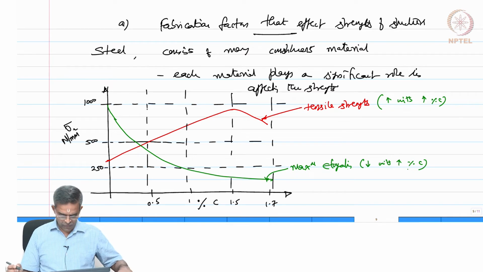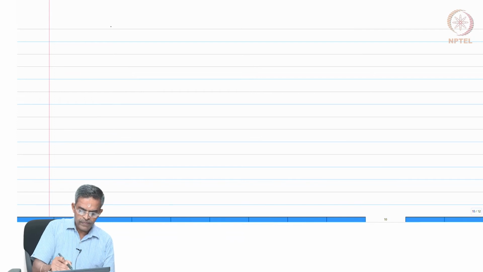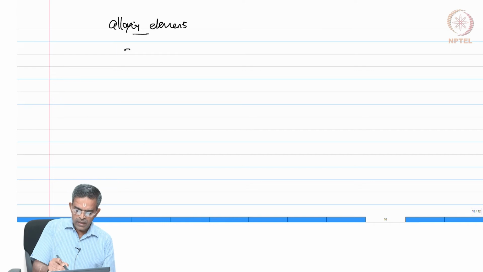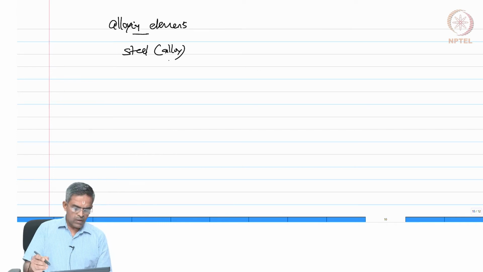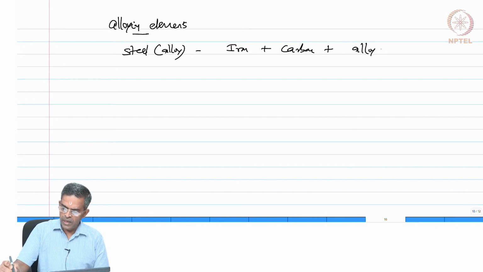Okay. Apart from that, the alloy of steel also affects the strength. Let us say steel alloy has got a combination of iron, carbon, I am only writing the major components, and various alloying elements.